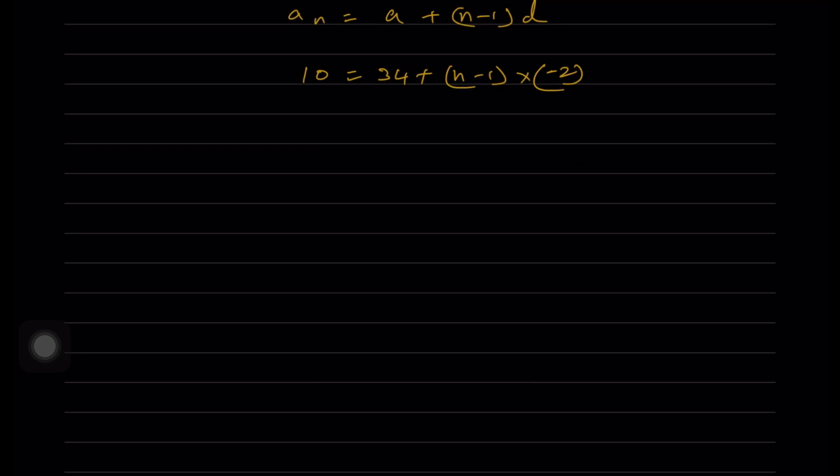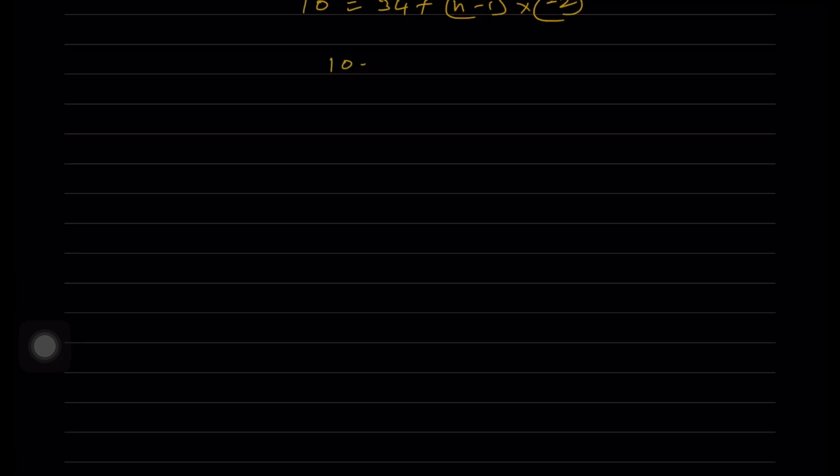So it becomes 10 minus 34 is equal to (n minus 1) into minus 2. So this becomes minus 24, which is equal to (n minus 1) into minus 2.